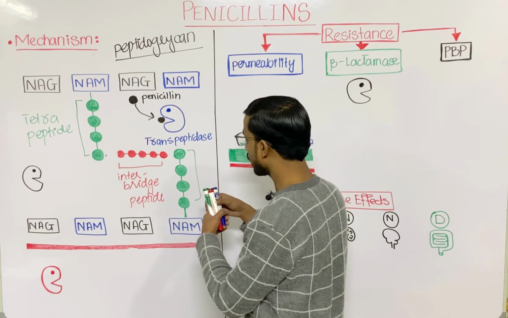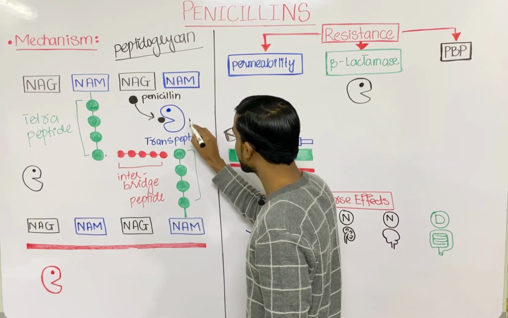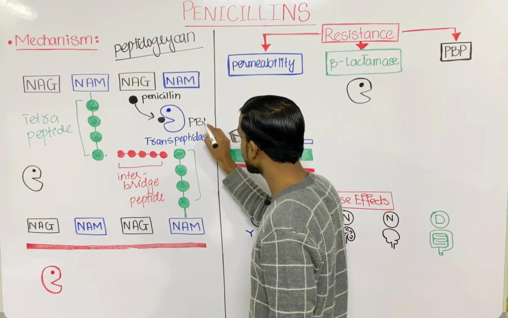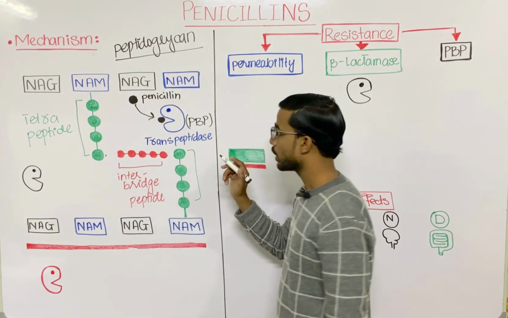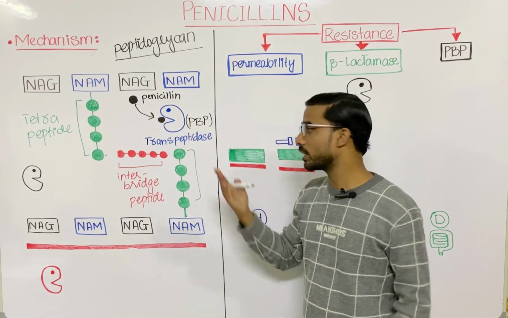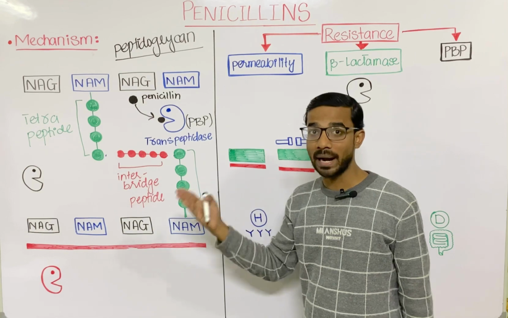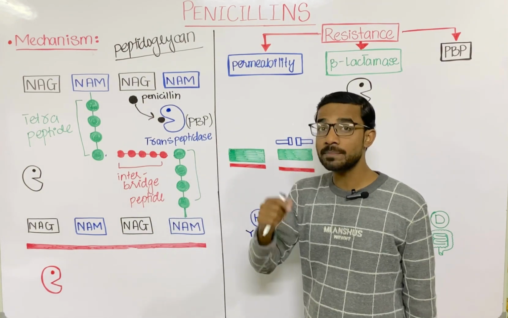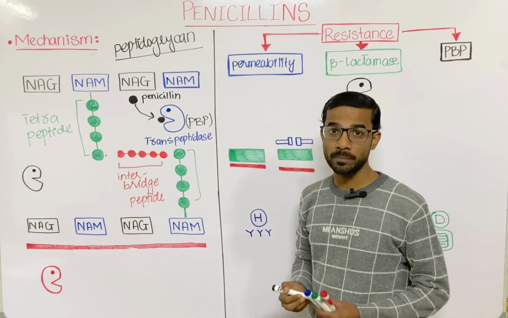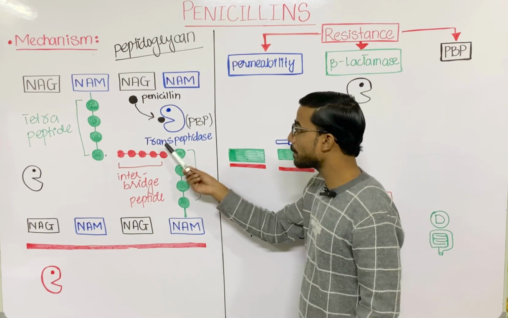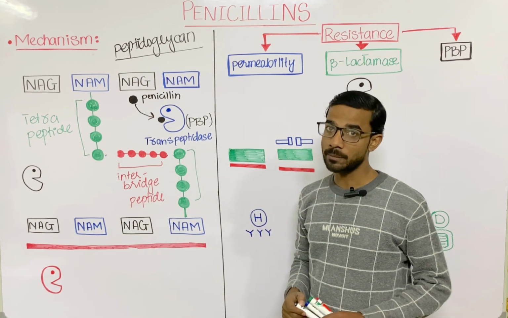Because it binds to the penicillin, we call it penicillin binding. And why do we call it proteins? Because, as we know, enzymes are actually proteins. So transpeptidase, or you can say penicillin binding proteins.